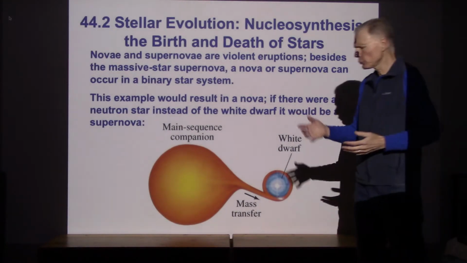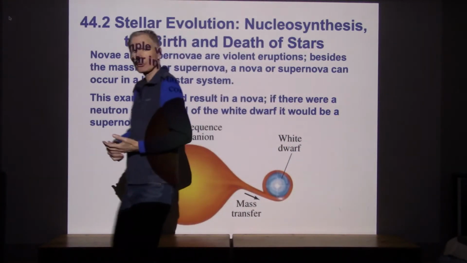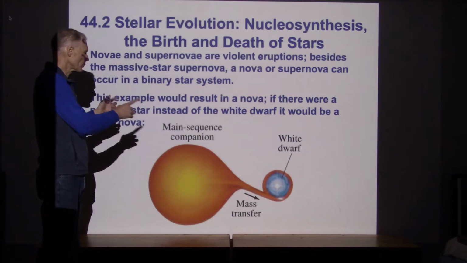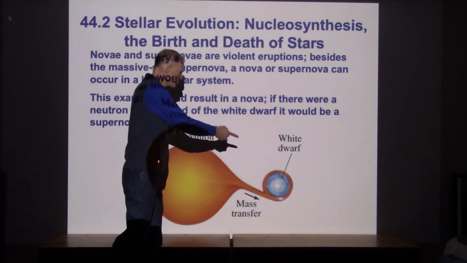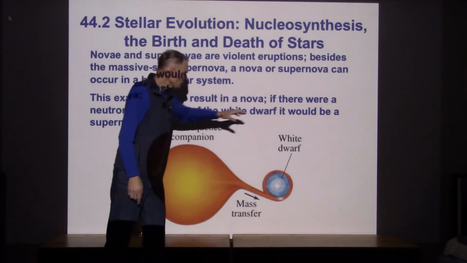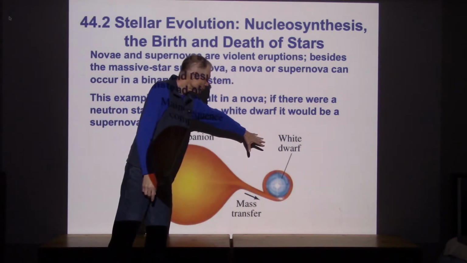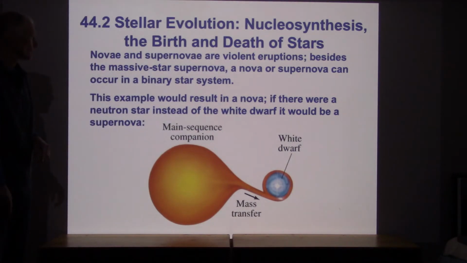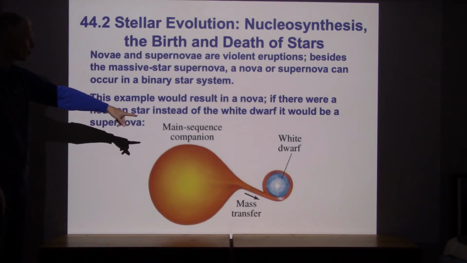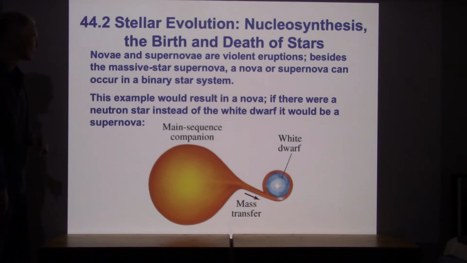There's another type of supernova that occurs in a double star system. And so what we're saying is there have been two stars in this star system. Here is a white dwarf left over from one of the stars that has already gone through its red giant stage.